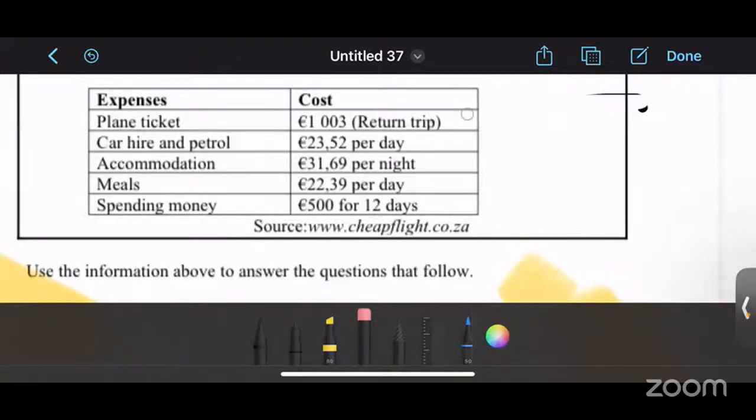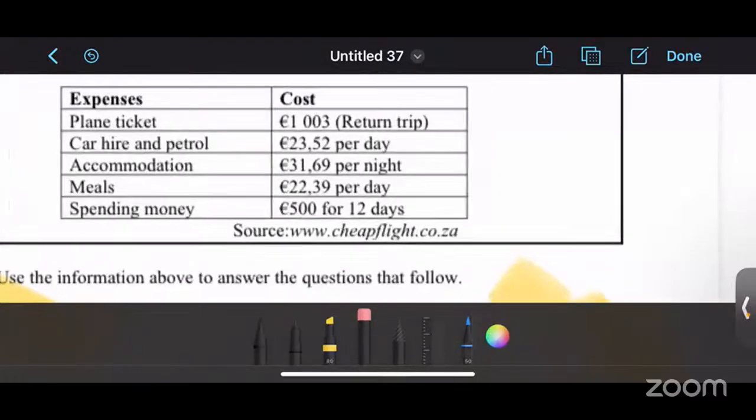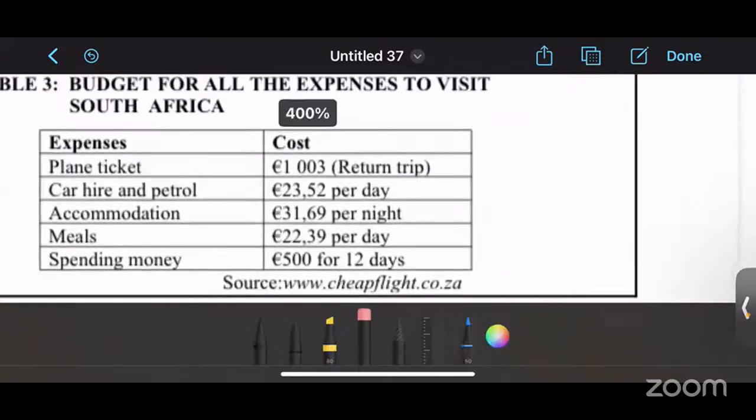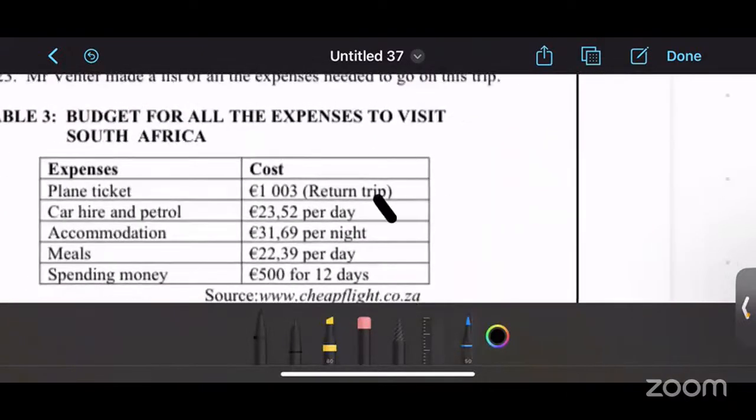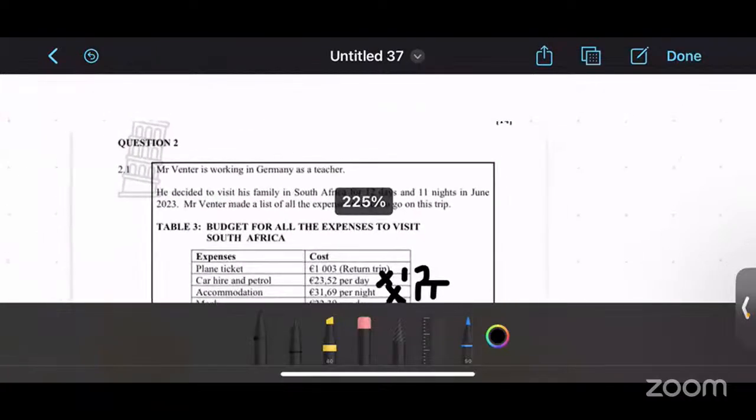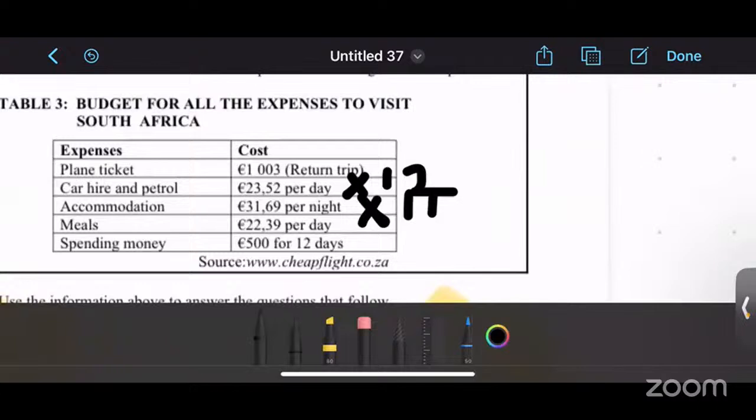Maybe let's check this one over here. We said the car hire per day multiplied by 12 days, accommodation multiplied by 11, since we said 11 nights, and then meal per day multiplied by 12.